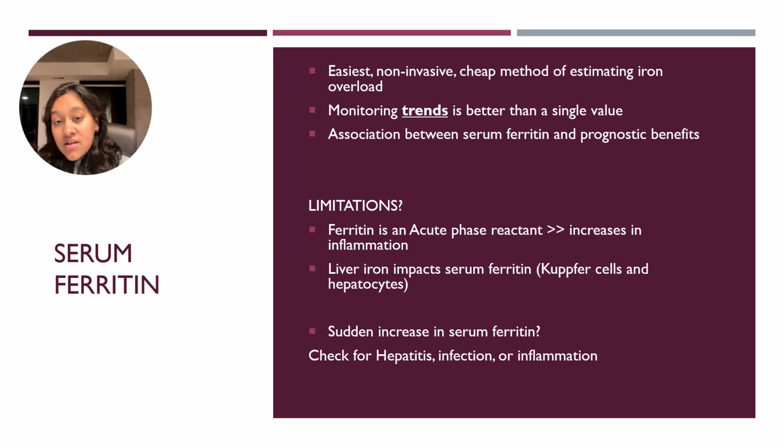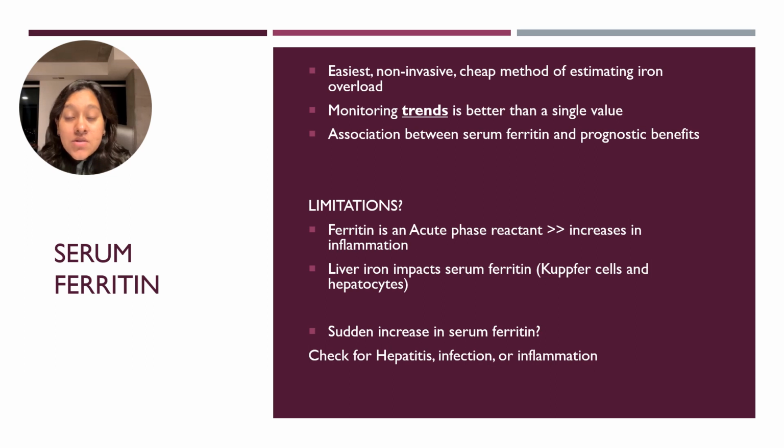So when you have a high ferritin value, there could be multiple reasons for that, and that is one of the common limitations of using serum ferritin. And second, the liver iron impacts serum ferritin. Your Kupffer cells and hepatocytes also have an impact on the amount of ferritin that's measurable in the plasma.